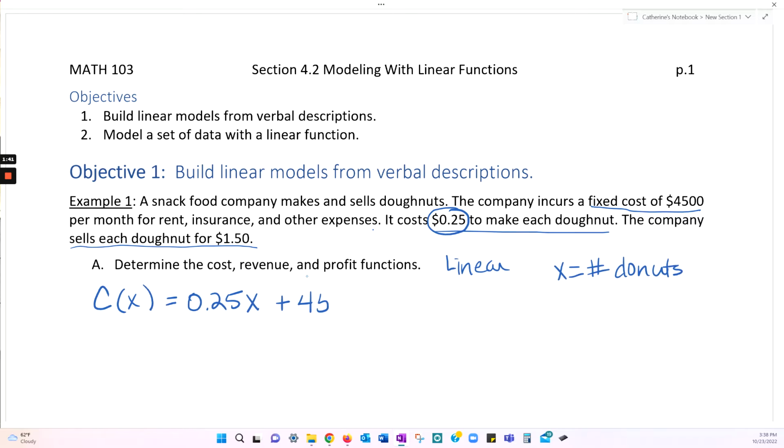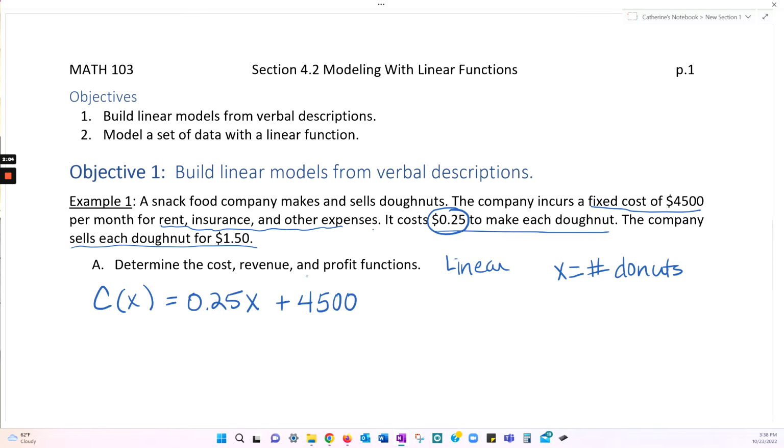So let's just talk about Y for a second. So the fixed costs are, even if you don't make any donuts at all, you don't order any ingredients or anything like that, you still have to pay $4,500 each month for all of this stuff, right?